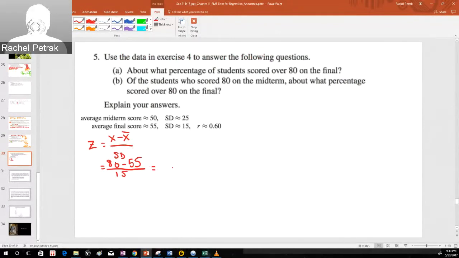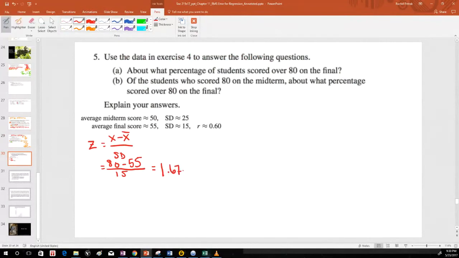And that'll give us a z-score of 1.67. And we can go to the z-table.